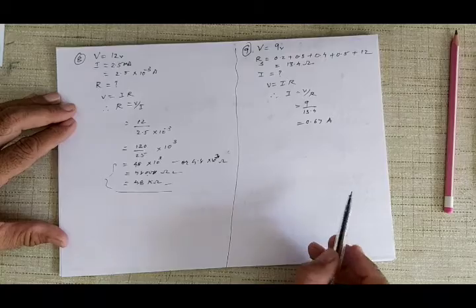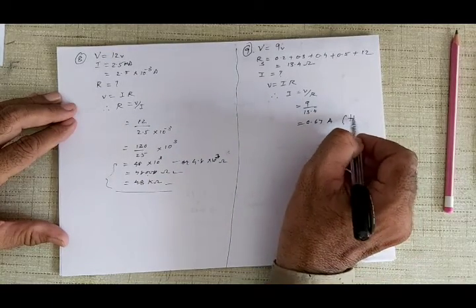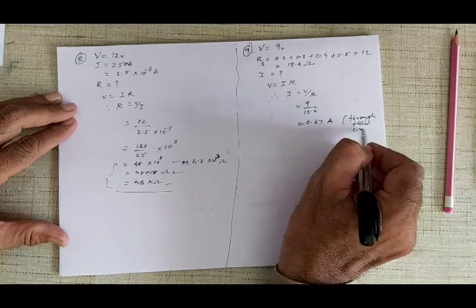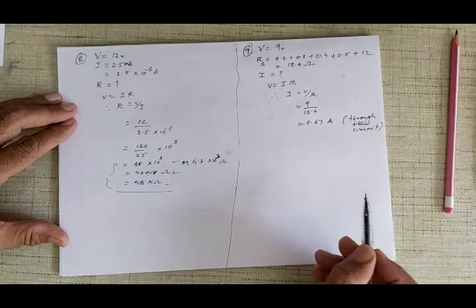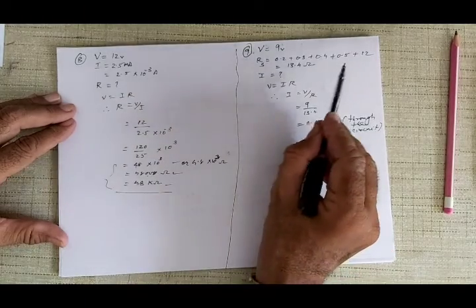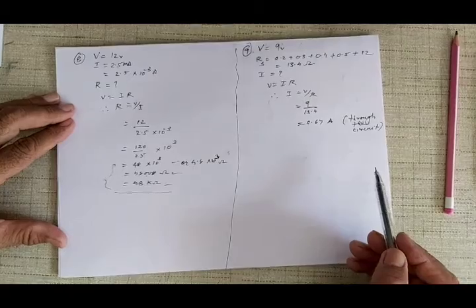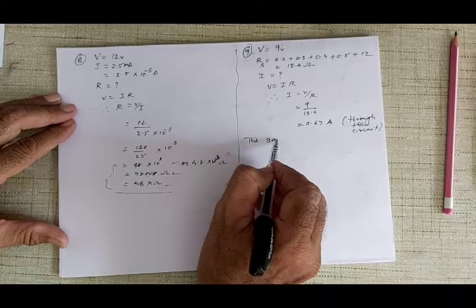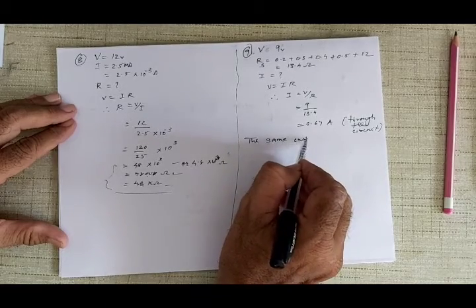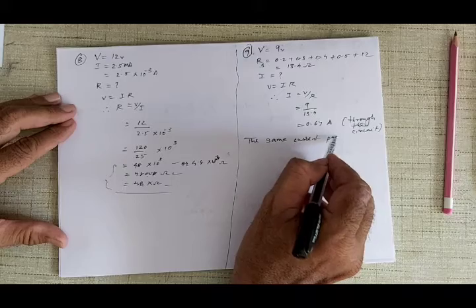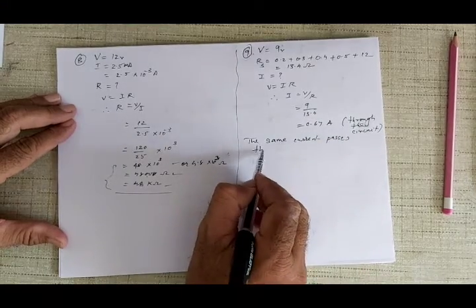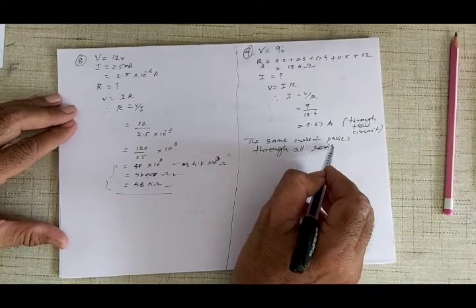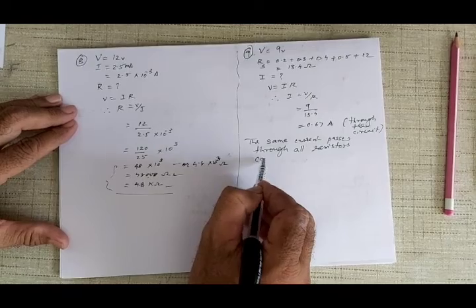So the current passing through the entire circuit is 0.67 amperes. But what were we asked? We are asked how much current will flow through the 12 ohm resistor. But when resistors are connected in series, the same current passes through all resistors connected in series.